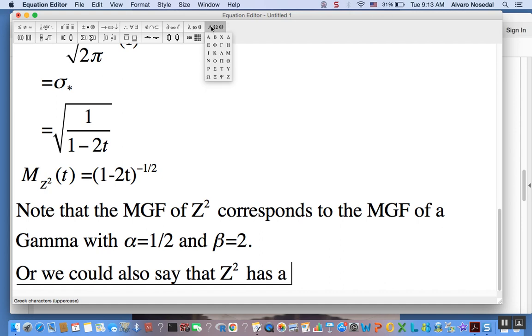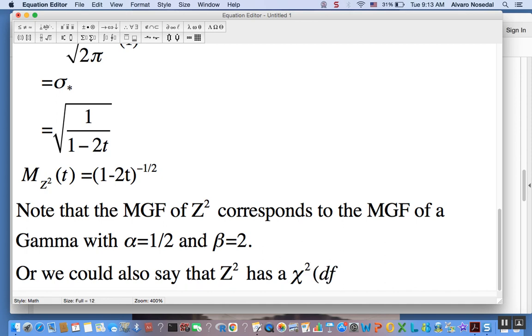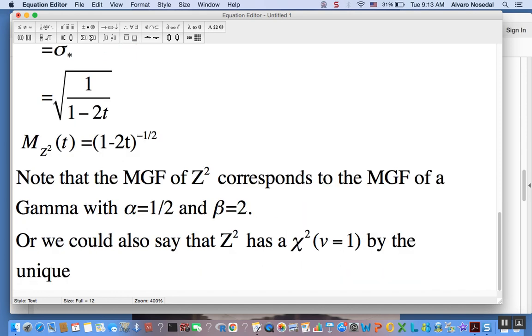Well, the letter that they use for degrees of freedom is nu, right? So we could also say that Z squared has a chi-square distribution with 1 degree of freedom by the uniqueness property of MGFs.